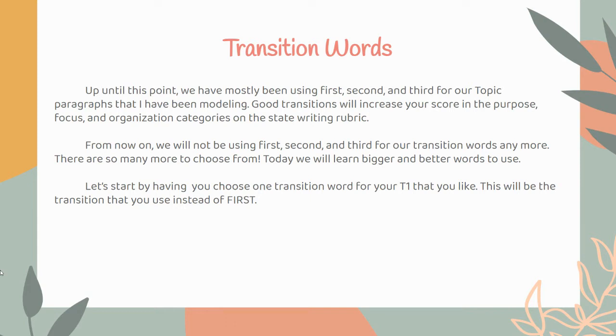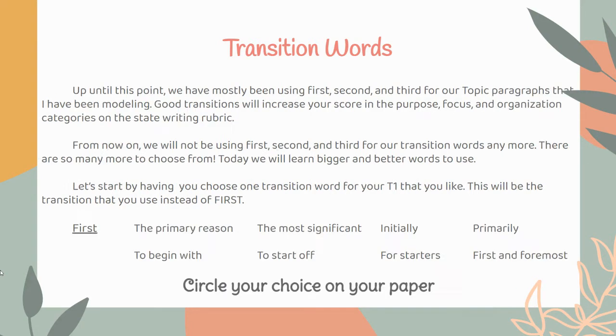Let's start by having you choose one transition word for your T1 paragraph that you like. This will be the transition that you use instead of first the next time you write. So I want you to look at your paper in front of you.